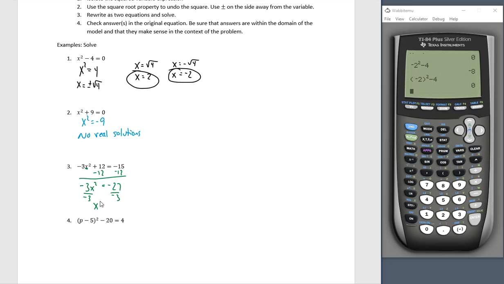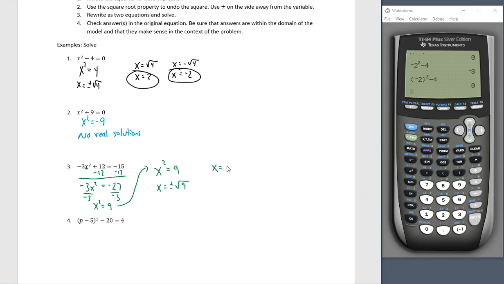So here we see that x squared equals 9, which I'm going to rewrite up here so we can work with it a little bit better. As we're isolating the squared part, we see that, oh, the square is equal to a positive value. That's fantastic. That means the square root property tells us that x equals plus or minus the square root of 9.